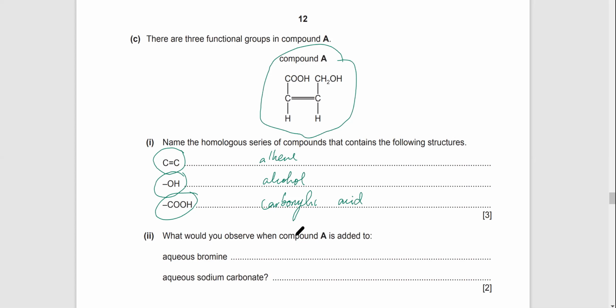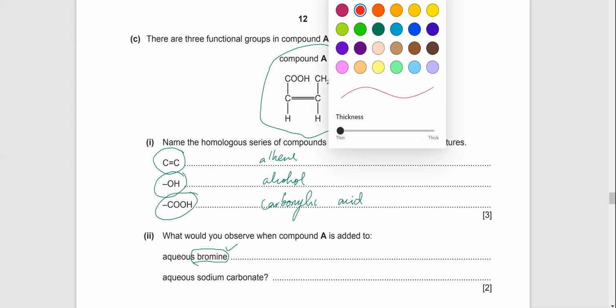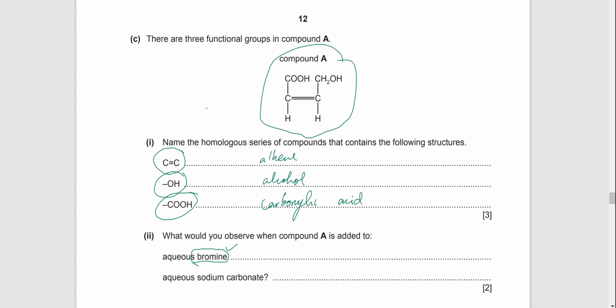So there's one molecule which has all 3. What would you observe when compound A is added to bromine? Bromine किस चीज का टेस्ट होता था? Well, if I react this with bromine, what should I get? ब्रोमीन alkenes का टेस्ट होता था, एडिशन रिएक्शन होता था alkenes का. तो मतलब ये COOH ऊपर ही रहने दो, ये CH2OH भी ऊपर रहने दो.